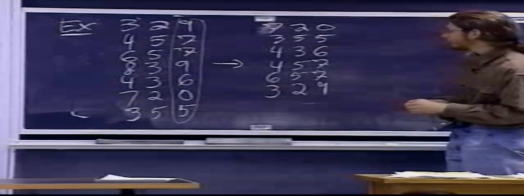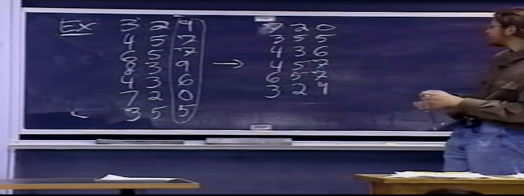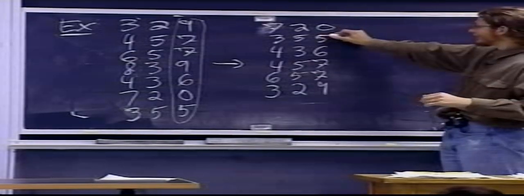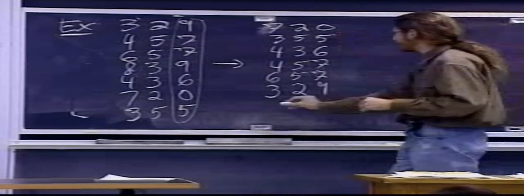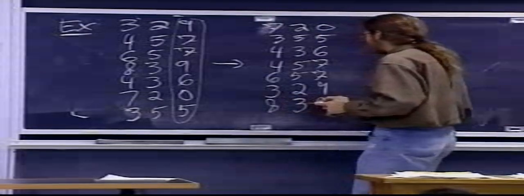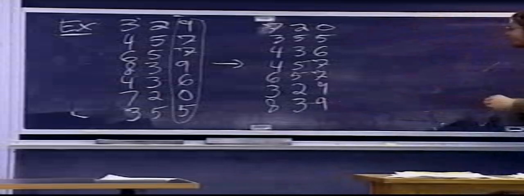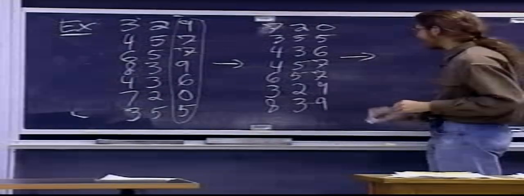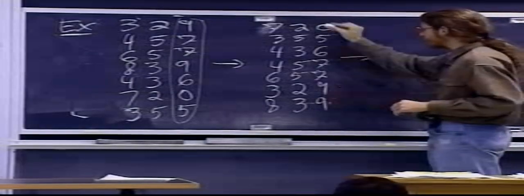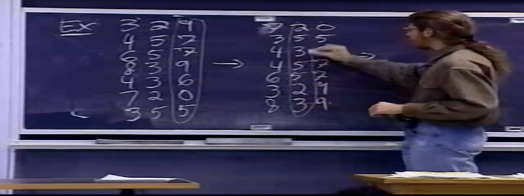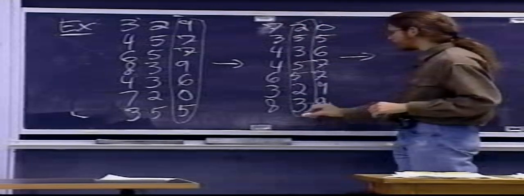Did I get them all? I missed one. Which one did I miss? Here? 839. Ah, thank you. Here. Whew. I was lucky. I missed a good one to miss. Okay, so now we've sorted by this column. Now we look at the next least significant digit and sort by that.